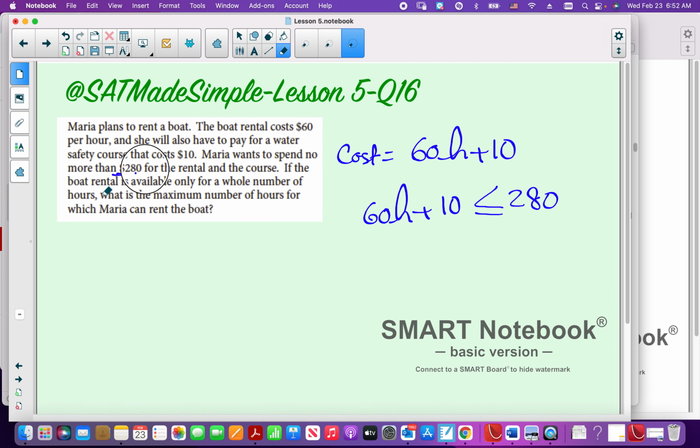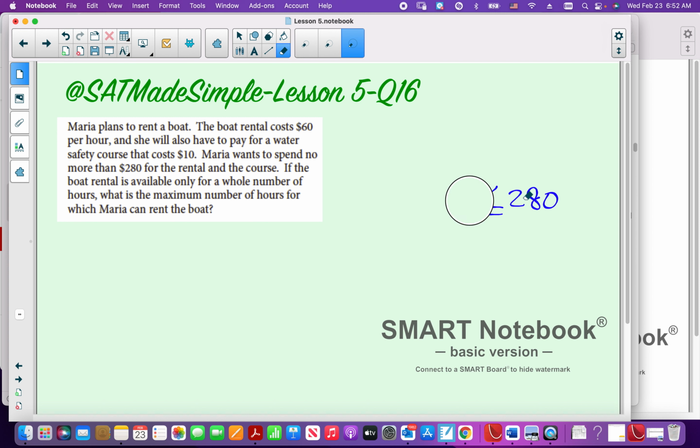Once again, this is a cost function as well, translation. Maria plans to rent a boat, and it costs $60 per hour, and there is an additional $10 for a safety course that has to be paid.